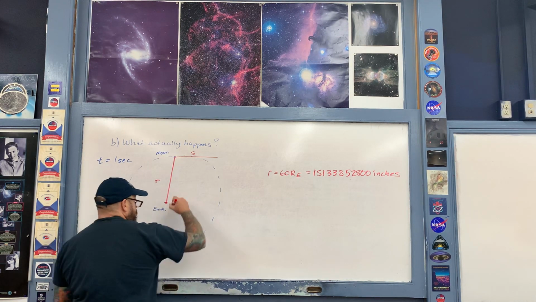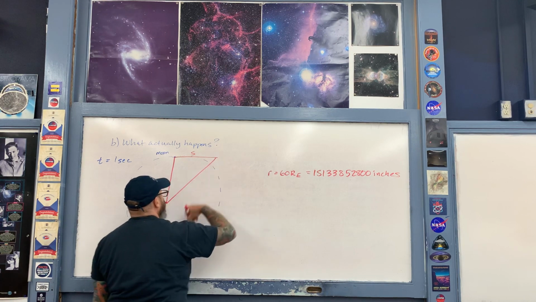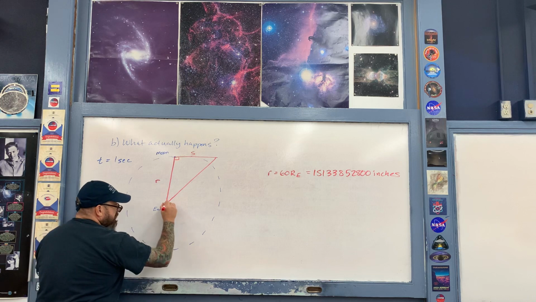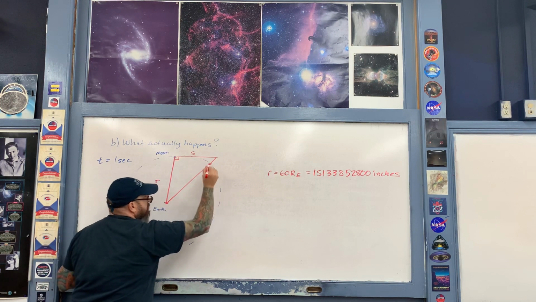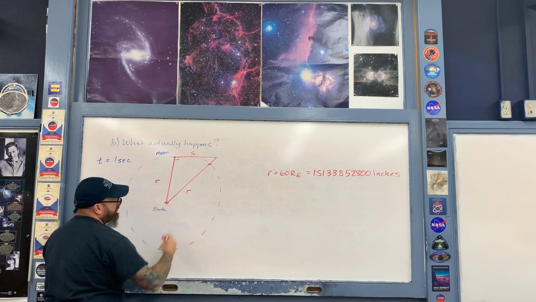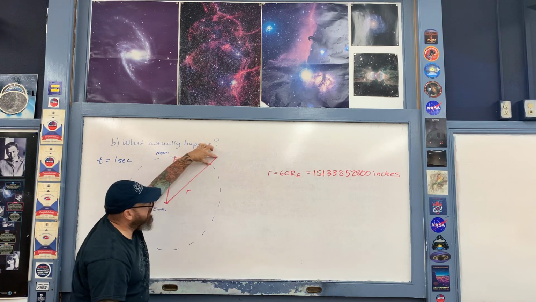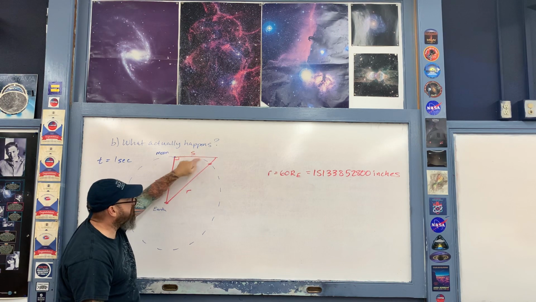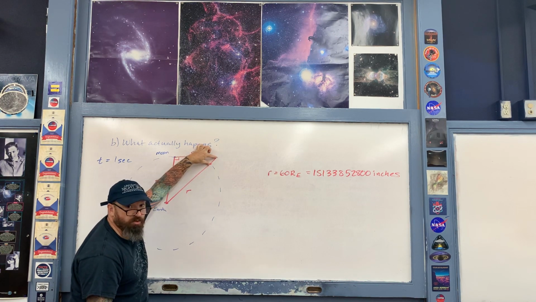Okay, now on this diagram, let's go ahead and complete a right triangle like so by drawing in a hypotenuse. And then the distance from here to here is once again small r, and then right here is the unknown. This is the distance that the moon falls below this line in 1 second. This is what we're trying to find.